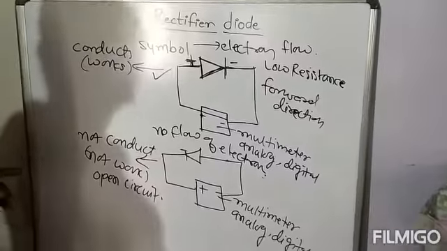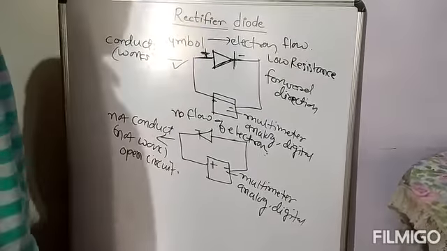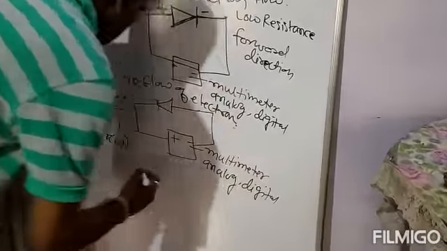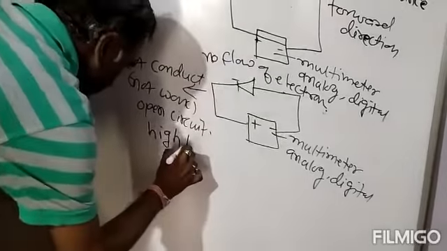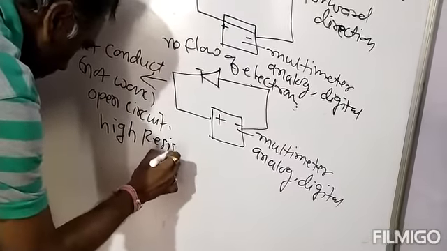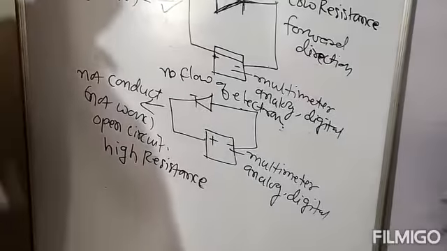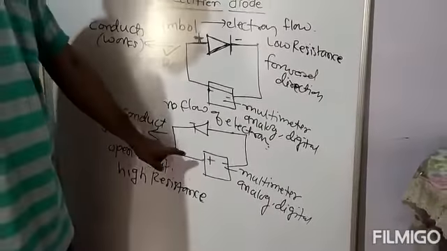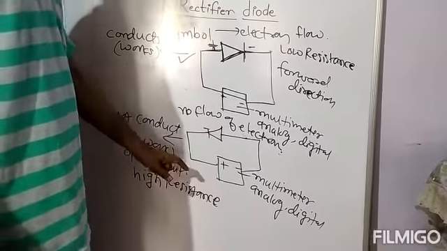And whenever the diode is in reverse direction, the resistance is very high, and hence the circuit is open, or there is no flow of electrons, or there is no conduction of electricity, or there is no flow of electric current.